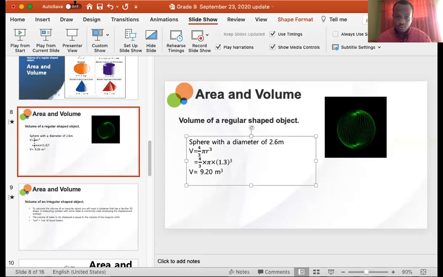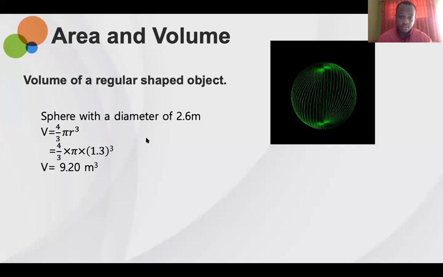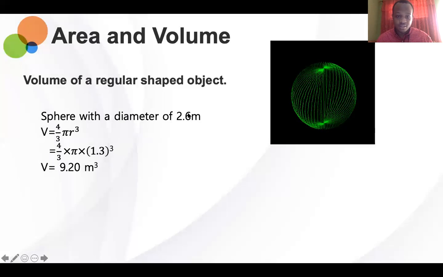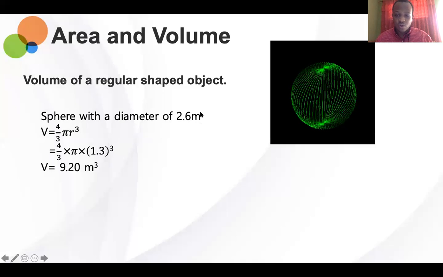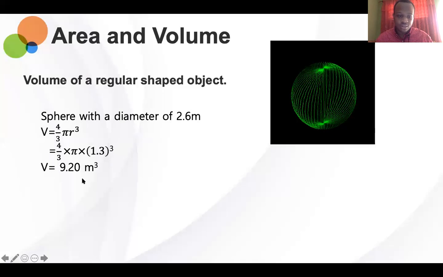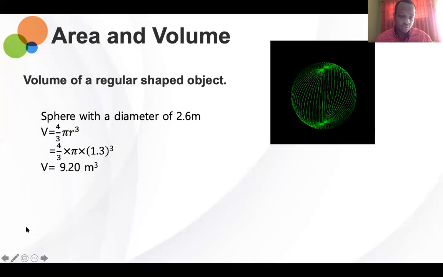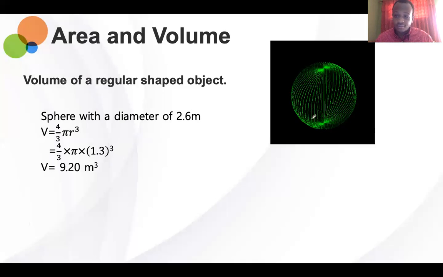All right. So we have our shape here, right? It has a diameter of 2.6 meters, right? So what would the diameter represent? Somebody want to give it a try? What's the diameter?